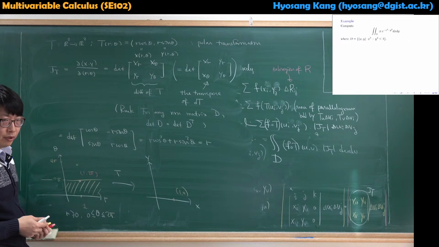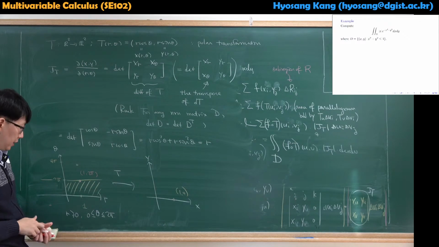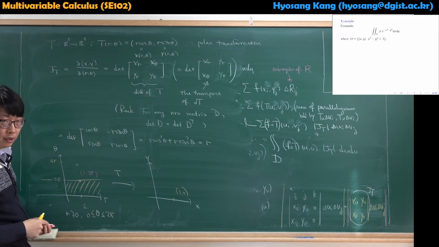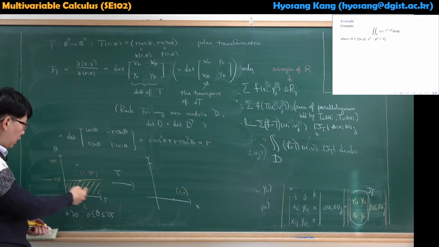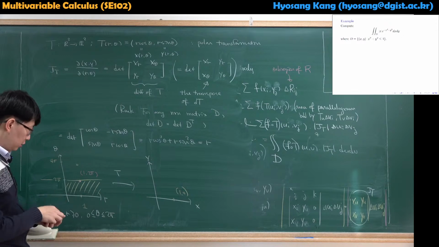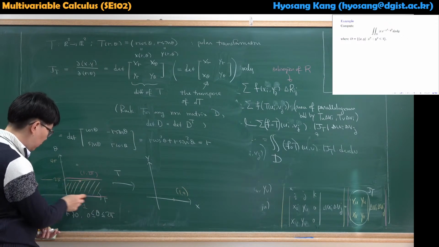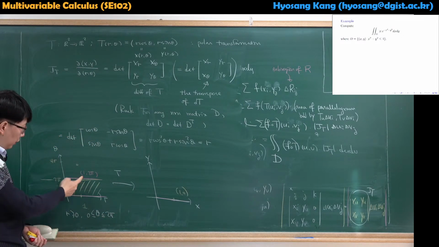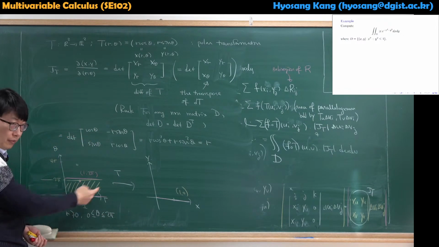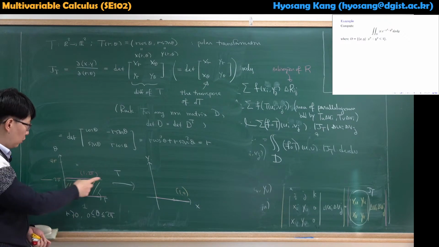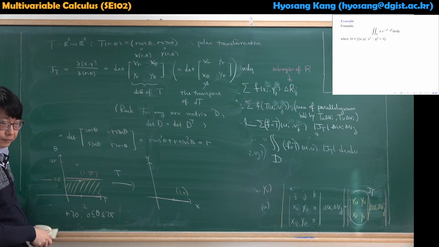It doesn't give you one-to-one correspondence, obviously, because when theta is 2 pi, it always matches with theta equals 0. So these two boundaries are mapped into one single line, which is, these two lines go to this line. So any 2 points with the same r map into 1 point. So this is not one-to-one. So you have to omit one of these 2 sides.